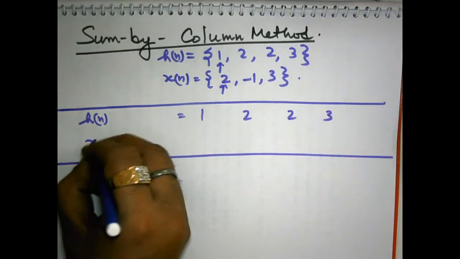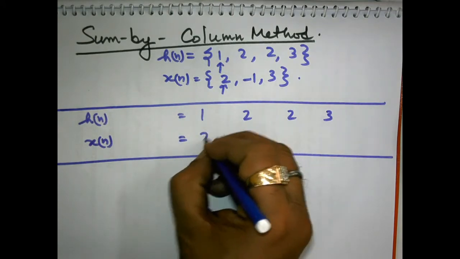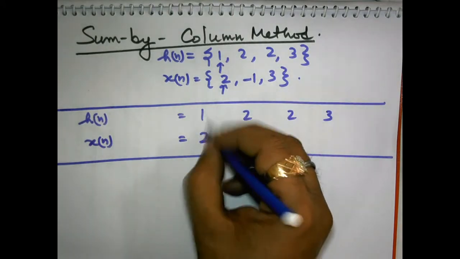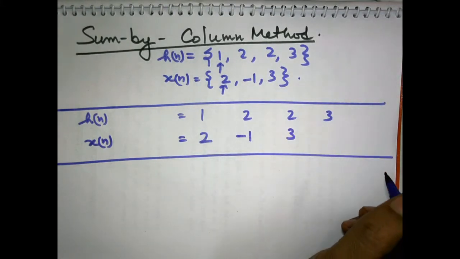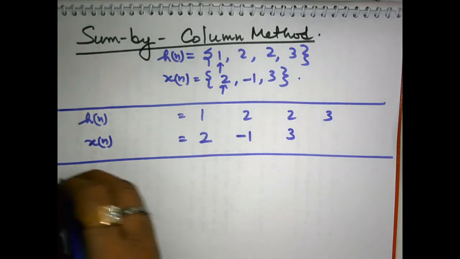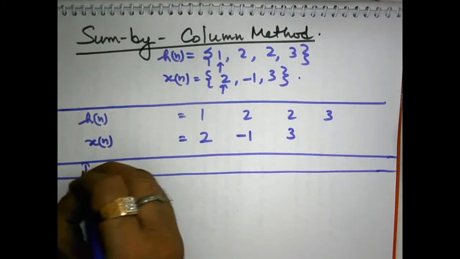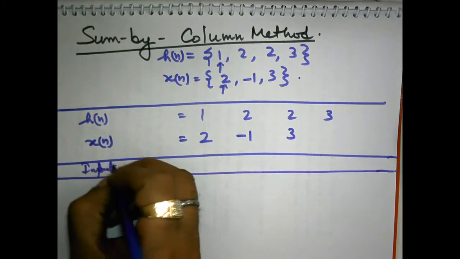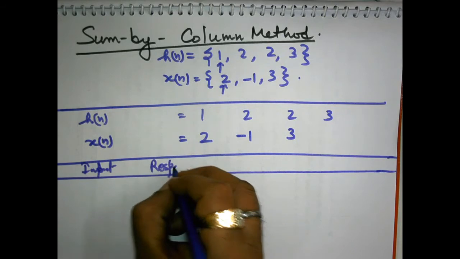This is a very easy way to evaluate convolution. You will find it very handy while solving the problem. And immediately below this, write the samples 2, minus 1 and 3. Then you write down the input in terms of impulses and then the response.